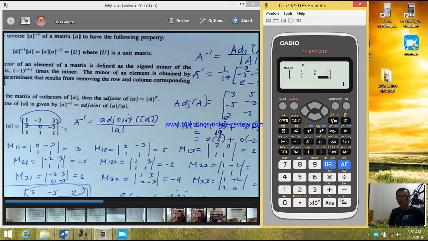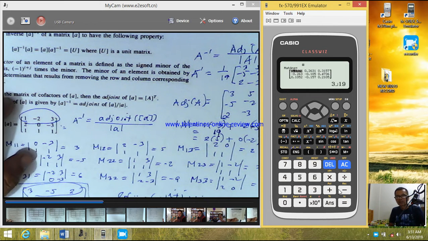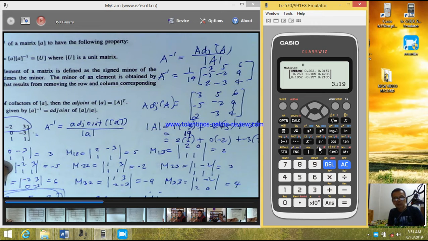You can get the inverse matrix right away here. Just enter matrix A raised to the power of negative 1. So you have matrix A, look at that.